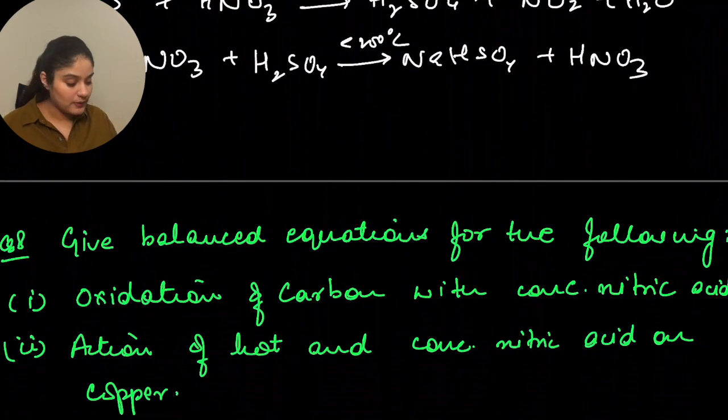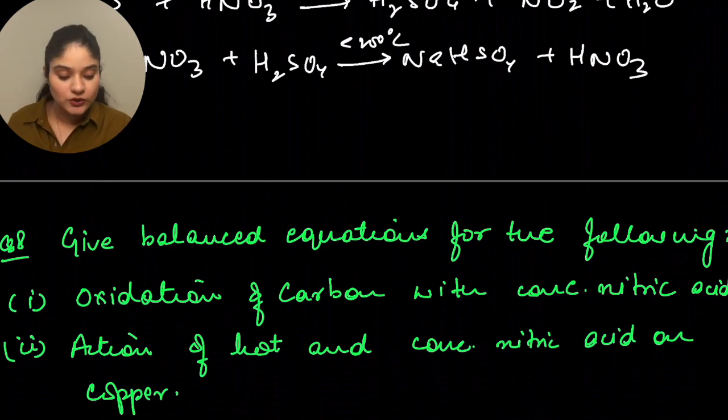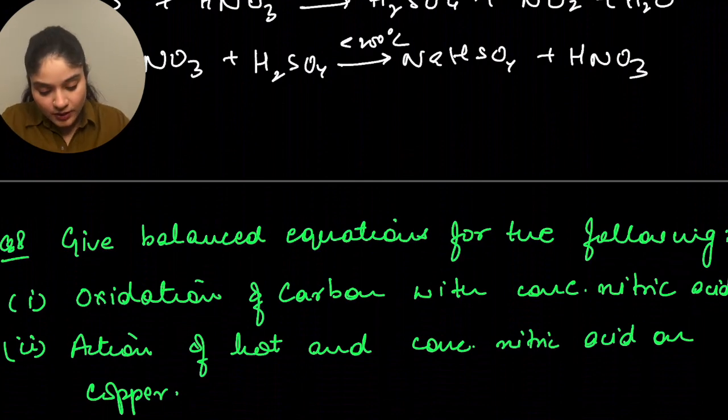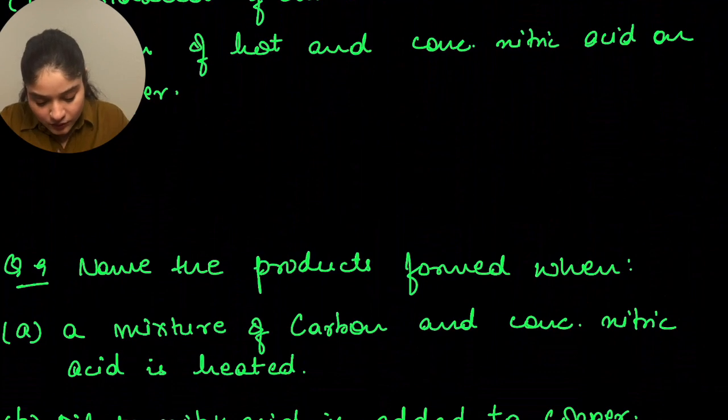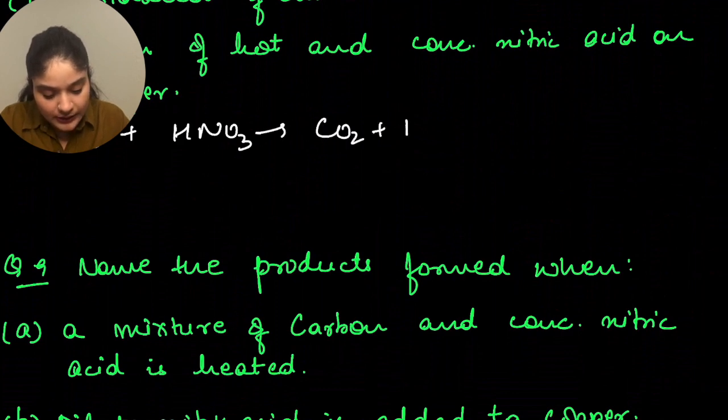Let's quickly move ahead to the next question. Question 8. Write balanced equations for the following reactions. The first is oxidation of carbon with concentrated nitric acid. So when carbon reacts with nitric acid, let's write that. Carbon plus nitric acid will give you carbon dioxide plus NO2 plus water.